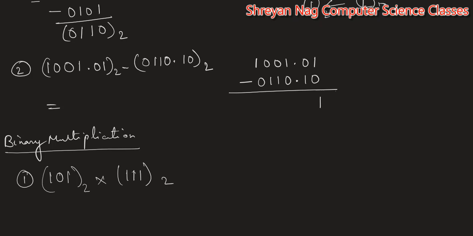So here it is 0 and minus 1, so we cannot subtract 1 from 0. To do that we have to take a carry from the nearest value. So here it is 0, it becomes 0, and it is giving 1 to the adjacent side. So 1 0 minus 1 is 1 again. 0 minus 0 is 0.